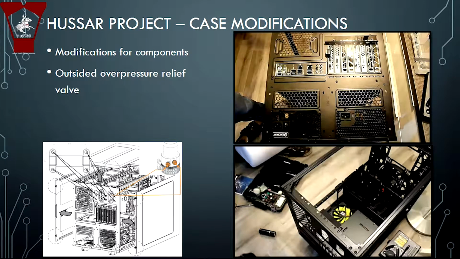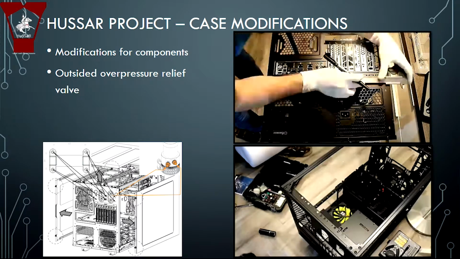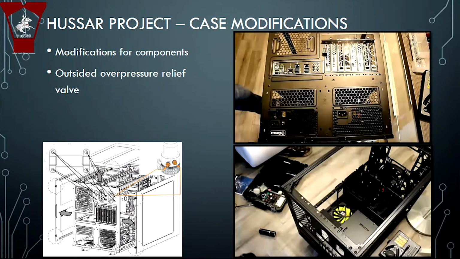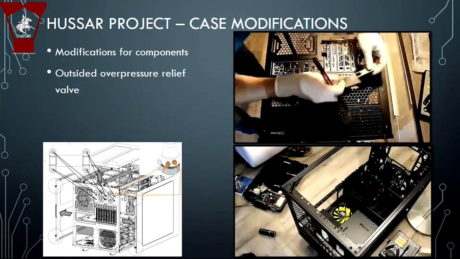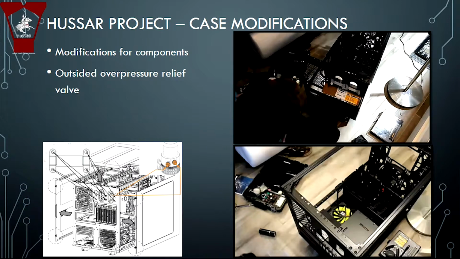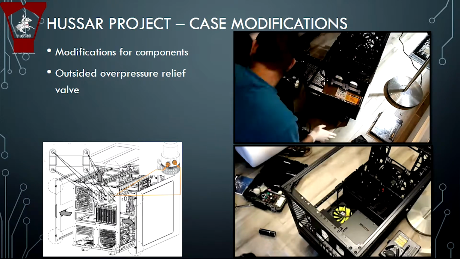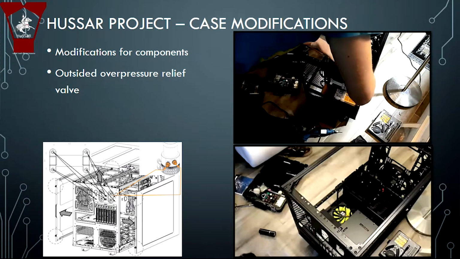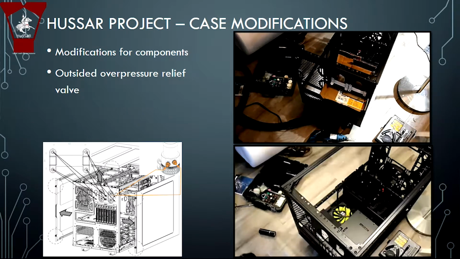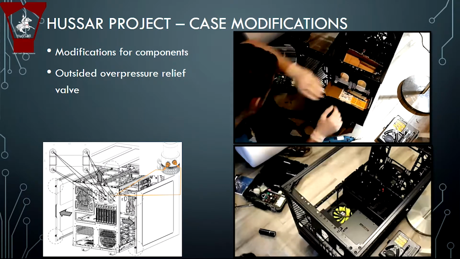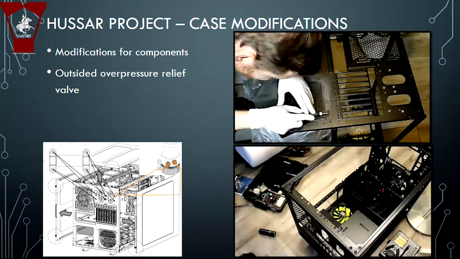I forgot to mention there are two PSUs. On the top video you can see how we modified the case to build everything. There are two PSU components to work in this machine.